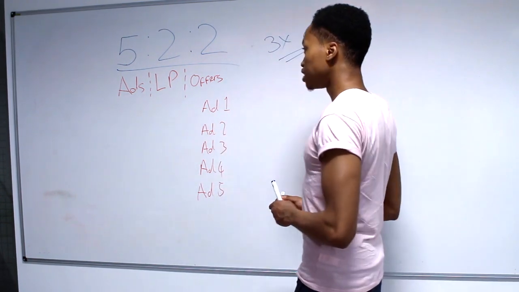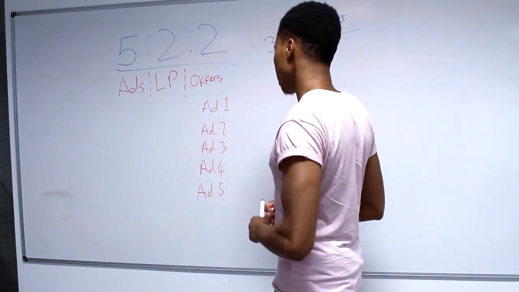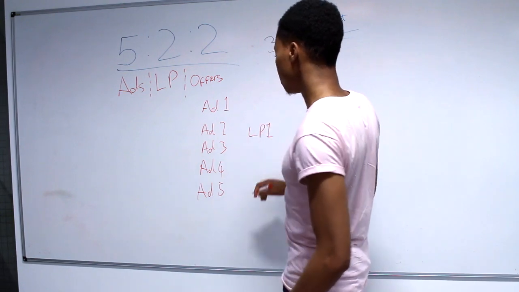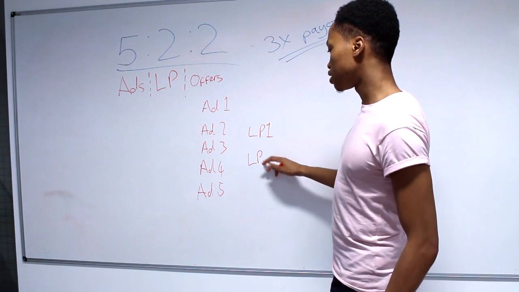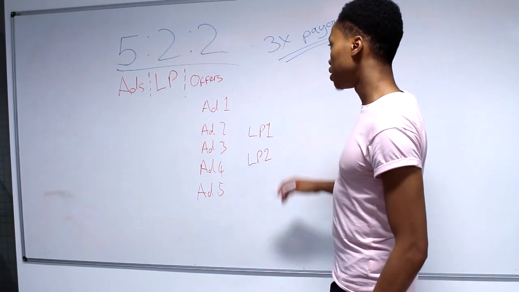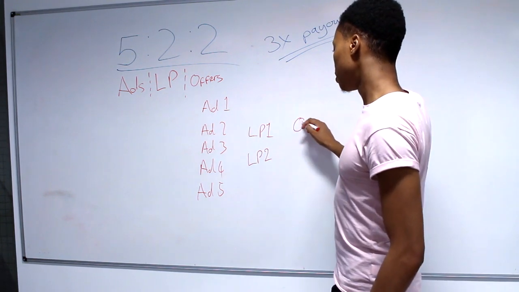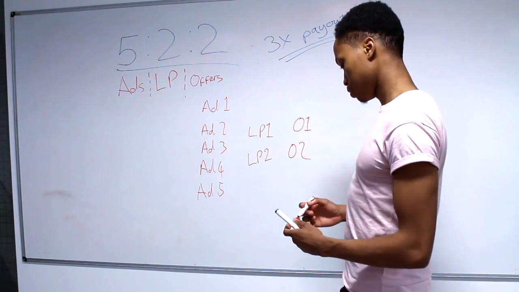Now with these 5 ads, we have 2 landing pages. So we have LP1, you see that? And LP2. So it's just going to stand for landing page 1, landing page 2. And we have 2 offers, okay? So offer 1, so it's O1, and offer 2.